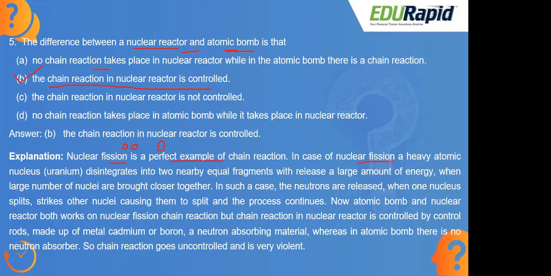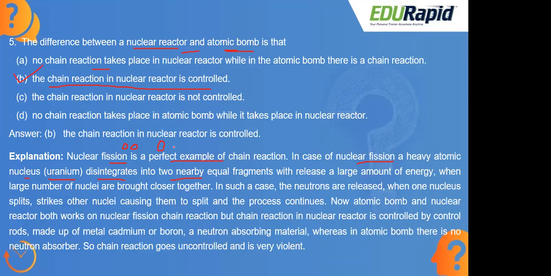In the case of nuclear fission, a heavy atomic nucleus, such as uranium, disintegrates. That is, it undergoes disintegration. It will split up to form nearly two equal fragments of the nucleus. So here it disintegrates to form almost similar sized nuclei.